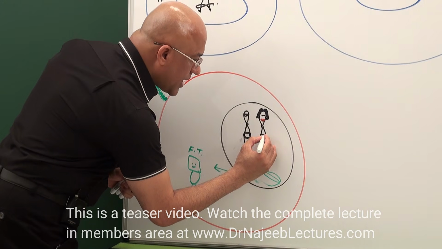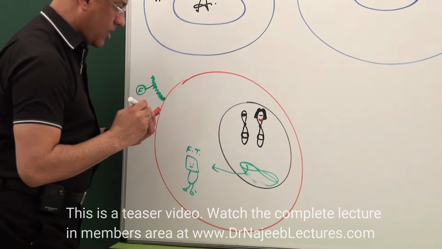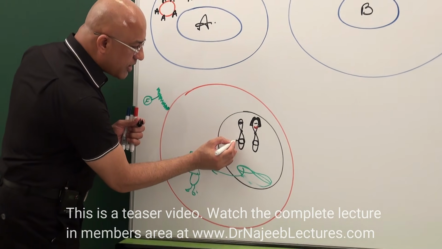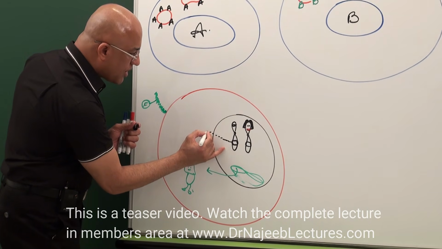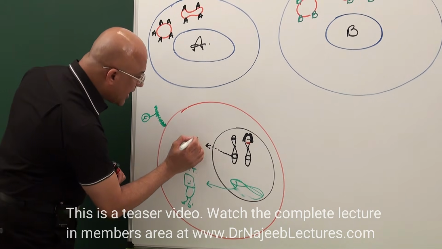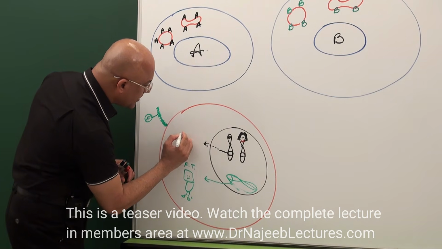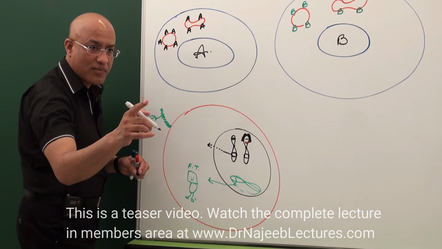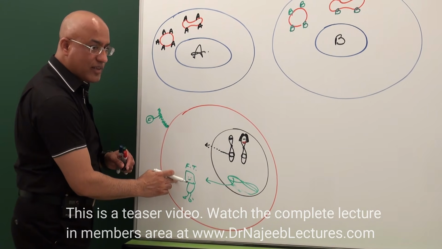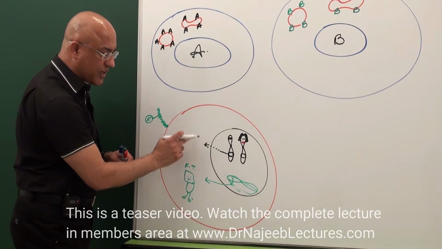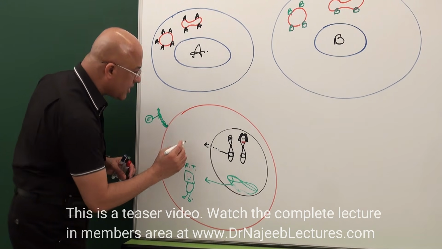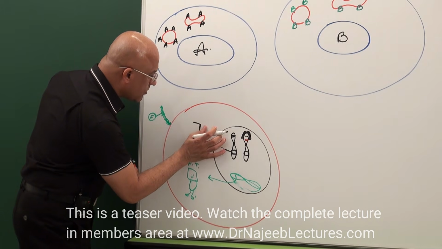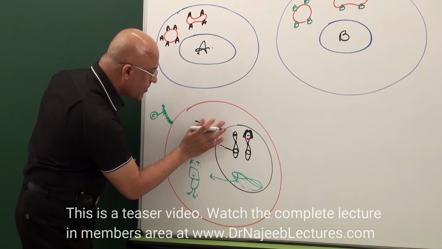When this gene expresses, it makes a special type of transferase. Who will tell me? Anyone? It is not fucosyl transferase. Another type of transferase is made here. Can anyone tell me the name of that transferase?